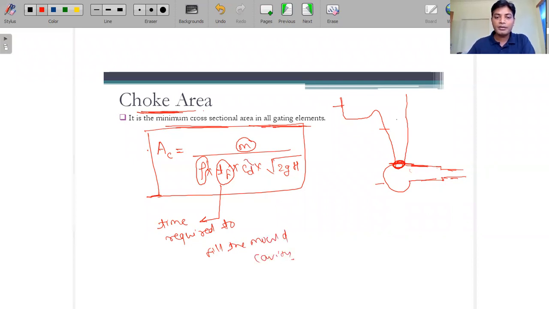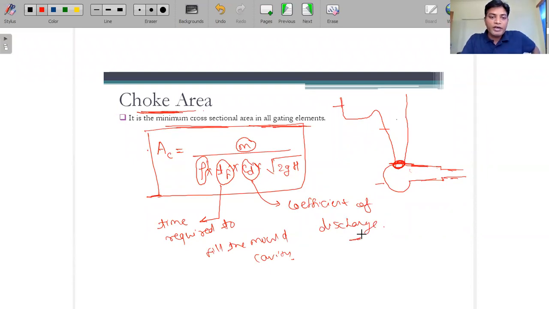C_d is the coefficient of discharge, like we consider in pipe flow, and most civil engineers are aware of that. Coefficient of discharge relates to how the surface of the pipe, or the ducts, through which energy or force can be lost.